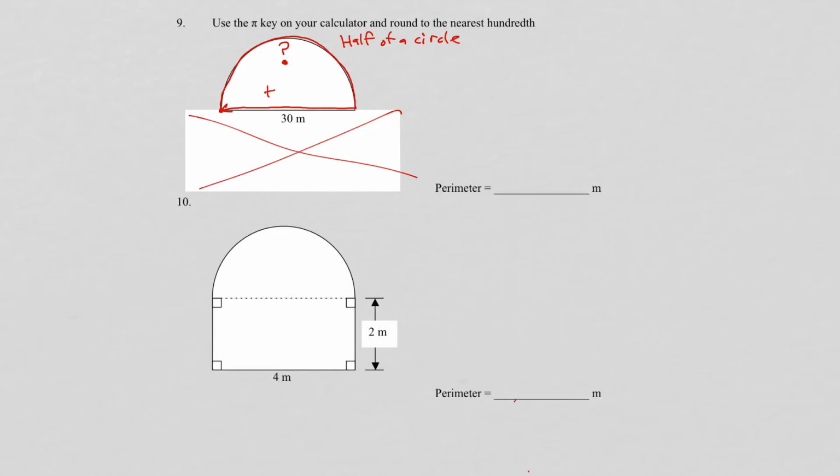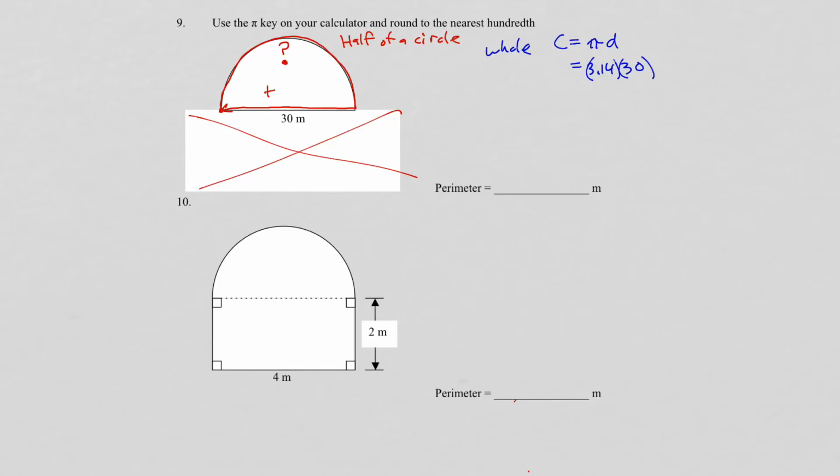So we know the formula for a whole circle. So we have the whole circle, which we know is pi times diameter, and that's going to be 3.14 times the diameter, which is all the way across, that's 30.